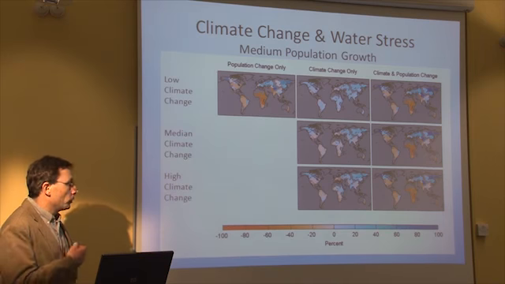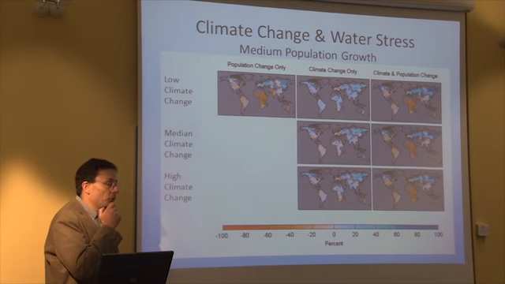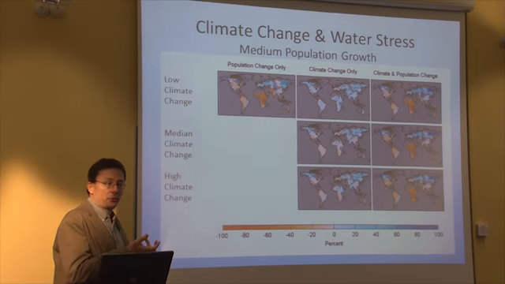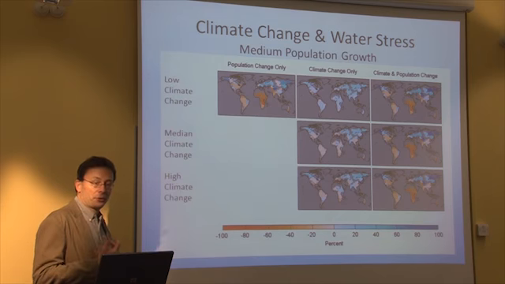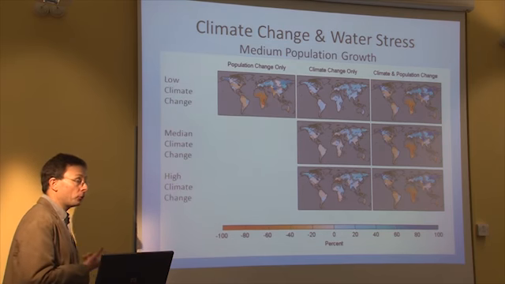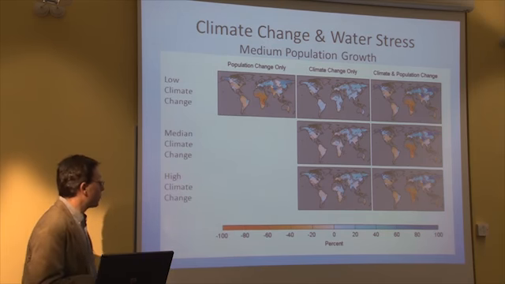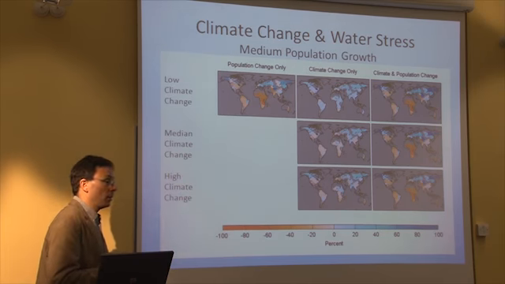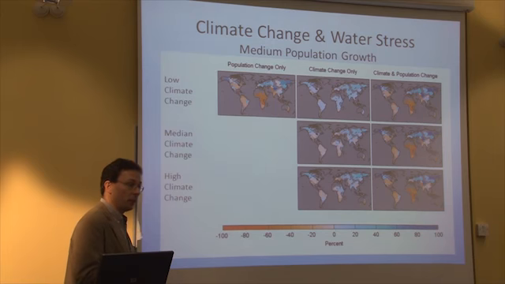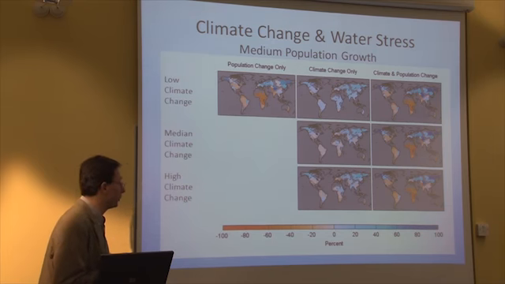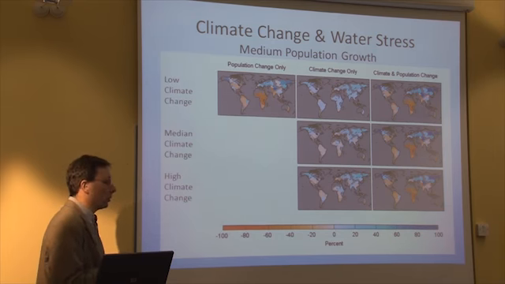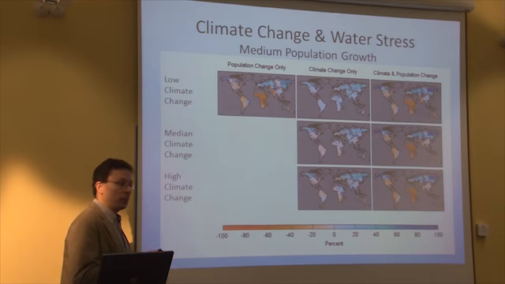This is one example of the relative influences or importance of climate change versus these other population and socioeconomic drivers of water stress. And what these maps are showing is essentially the change in water stress, so how water stress is increasing or decreasing as a function of both population and climate change, and population in isolation and climate change in isolation.